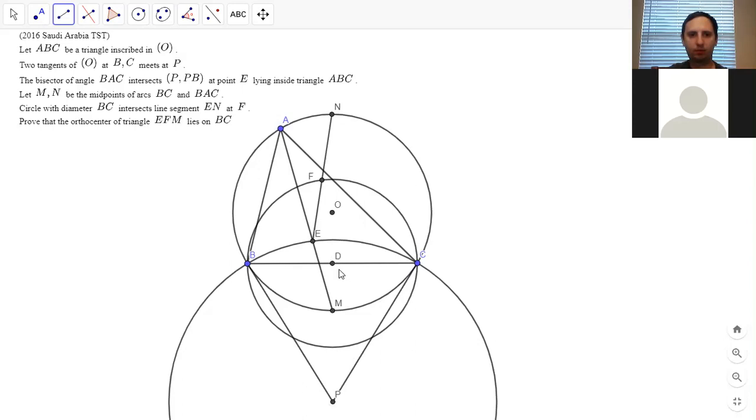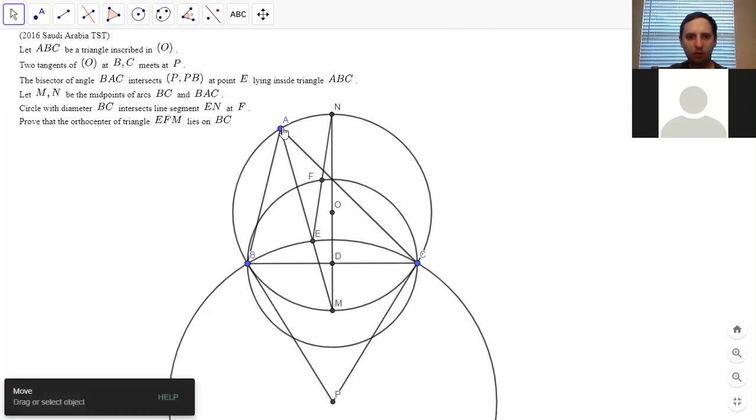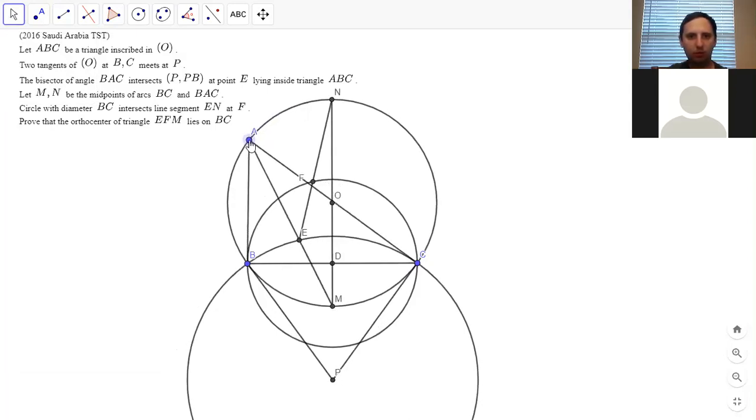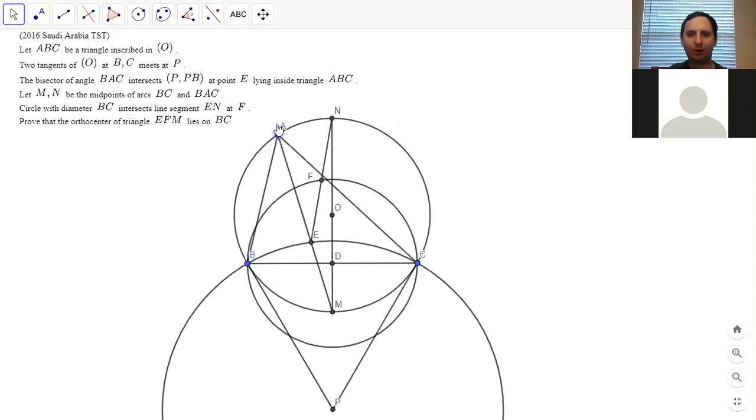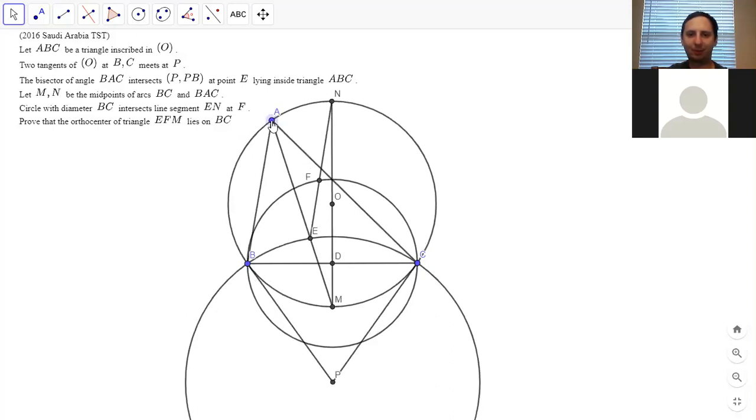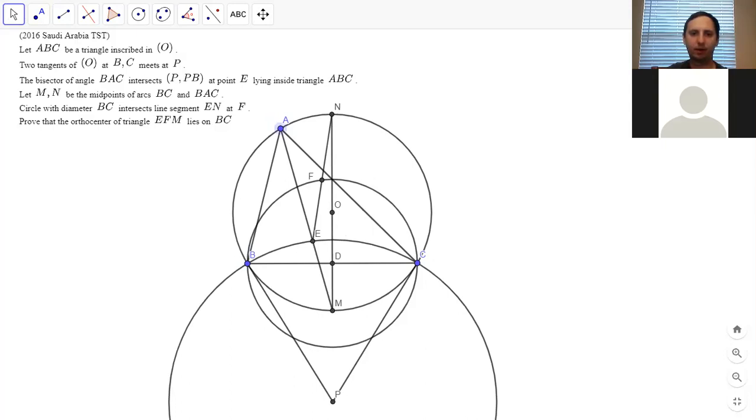So, is it true? I think. Oops. Oh yeah, no, these don't concur. I was wondering, it looked like it, but they don't necessarily concur. So I'm just going to erase MN. Okay, so we want the orthocenter of EFM.